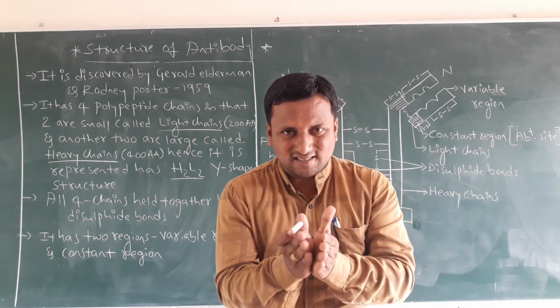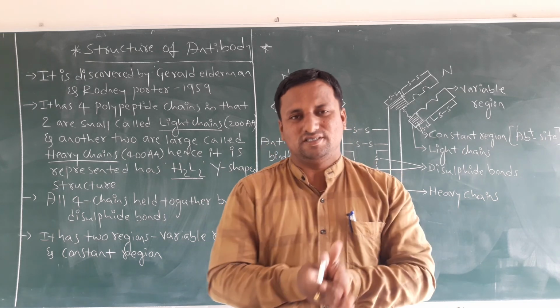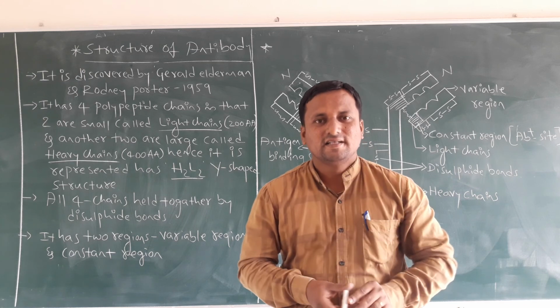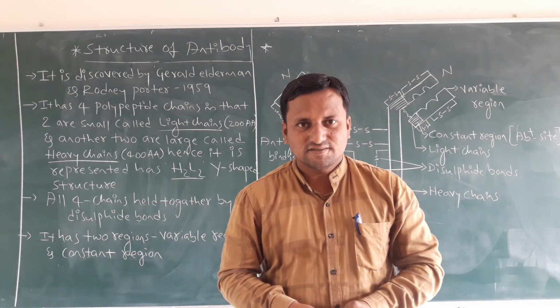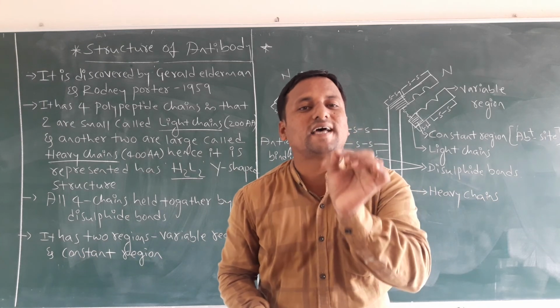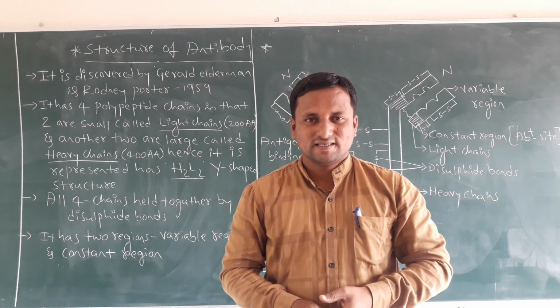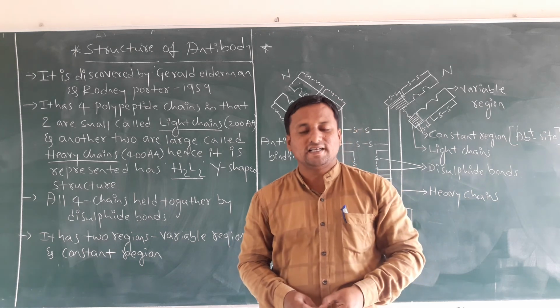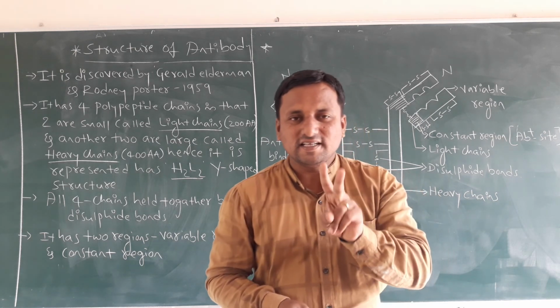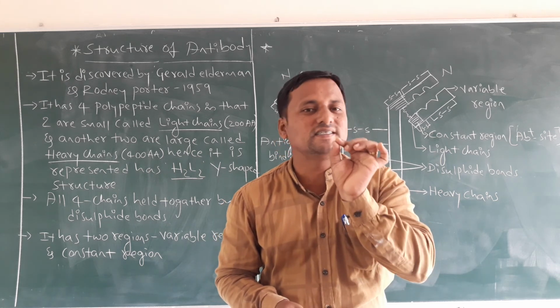Let us start with the acquired immunity concept. The important aspect is that there are some proteins which are produced from the B lymphocyte cells. You must have got the point that B lymphocytes and T lymphocytes are the two types present in immunity.